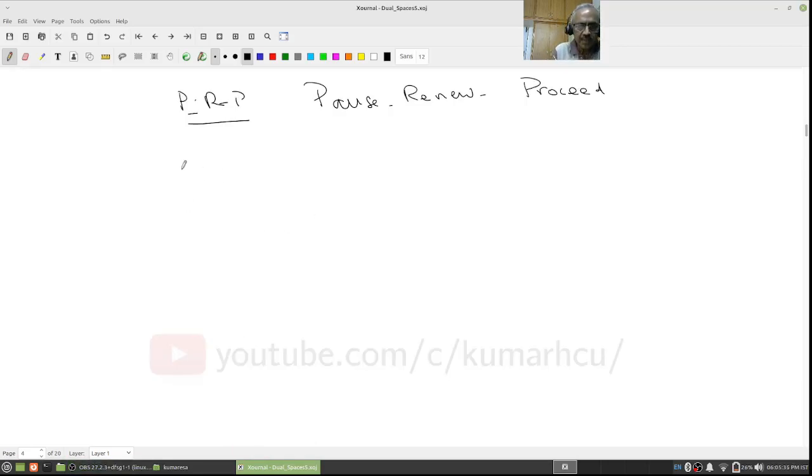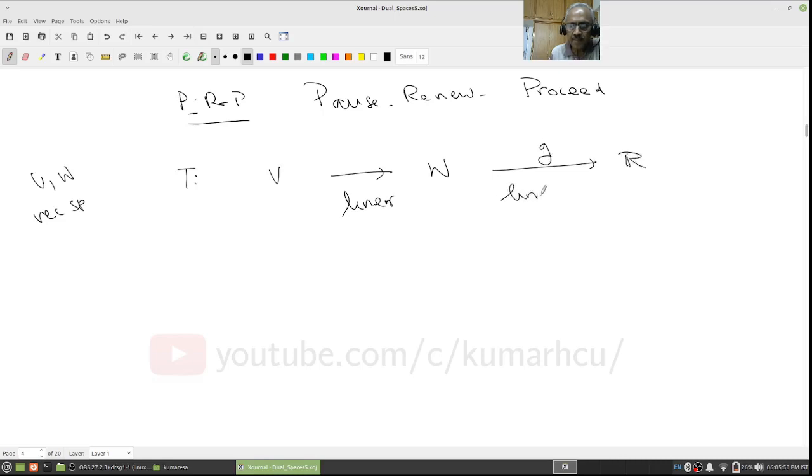Suppose I have a linear map T from V to W, where V and W are vector spaces, and suppose g is a linear functional. As usual, I am assuming they are vector spaces over R. It could be over any field also.